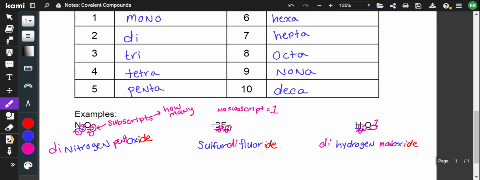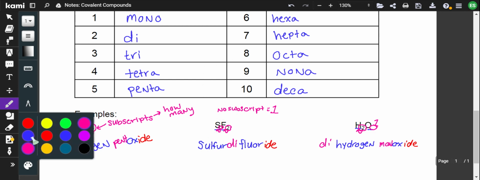Going the other way is pretty self-explanatory as well. We're just going to take things and go backwards. So I will give one example of that down here.